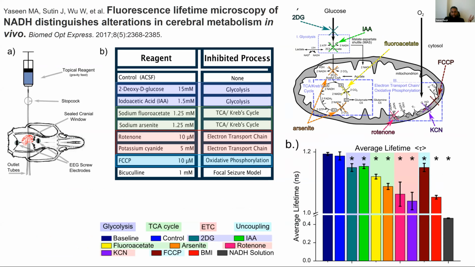Another quick example is looking at the same system. This is in the brain, where they have a way to continuously add gravity-fed topical reagents, where they are adding control, deoxyglucose, iodoacetic acid, which would inhibit glycolysis, fluoroacetate and arsenite salts of sodium, which would inhibit the TCA cycle, rotenone and potassium cyanide, which would inhibit the electron transport chain, FCCP, oxidative phosphorylation, and bicuculline, which is their focus on the seizure model because that's what the paper is based on.